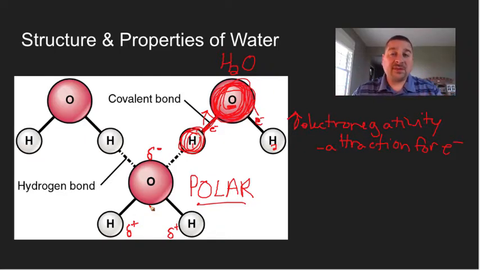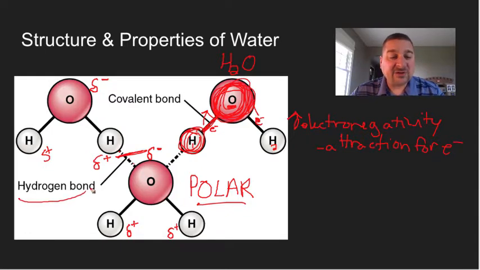So when you put these water molecules together, this hydrogen is slightly positive, and this side is slightly negative. Negative and positive attract. So they will form weak attractions between the water molecules called a hydrogen bond, because normally it's with hydrogen. Hydrogen's kind of a wimp.